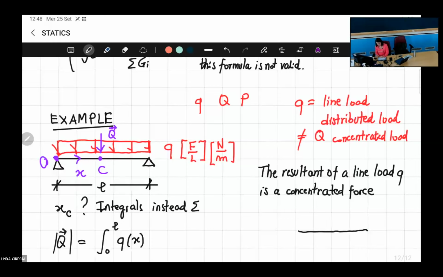We assume, for example, that it is variable. This is Q in general. We don't know at the moment. Q(x) is variable in x.